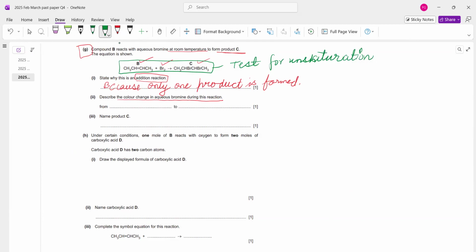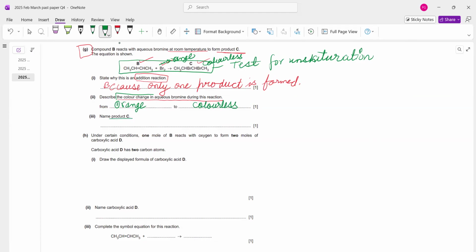Bromine water is actually orange in color, and when it reacts with alkenes, it gets another product which is colorless. So when the question asks what is the color change that happens in aqueous bromine, we'll say that it goes from orange to colorless. Sometimes we can also call it orange brown or red brown. That also works. So orange or red brown to colorless.